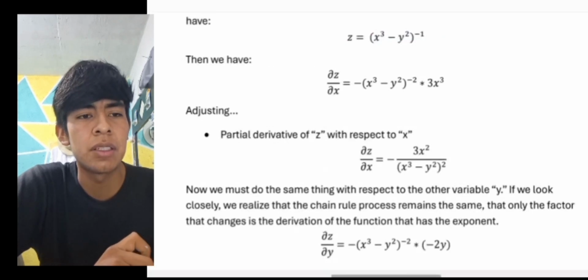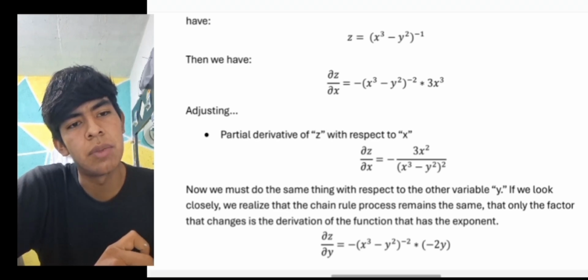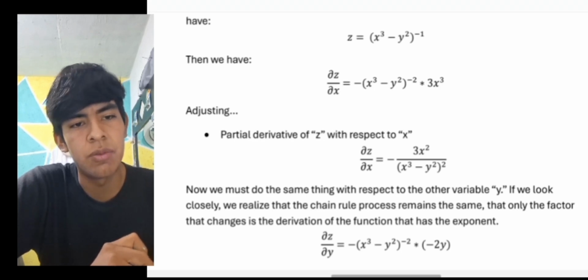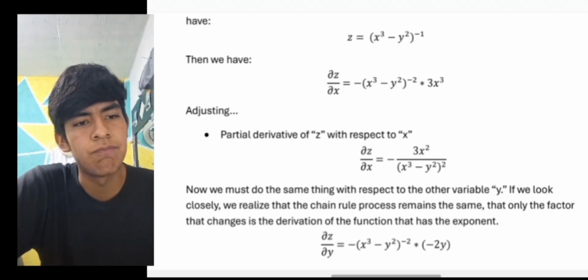The partial derivative of z with respect to x is equal to minus (x cubed minus y squared) to the minus 2, multiplied by 3x squared.